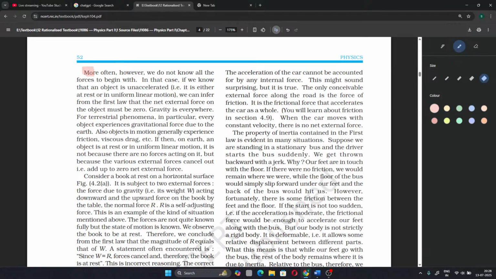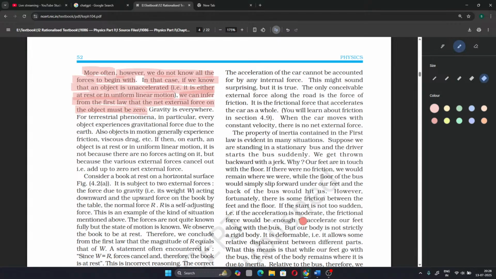More often, however, we do not know all the forces to begin with. In that case, if we know that an object is unaccelerated, that is, it is either at rest or in uniform linear motion, we can infer from the first law that the net external force on that object must be zero.